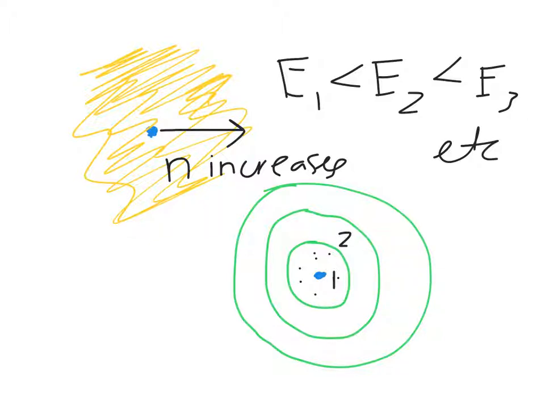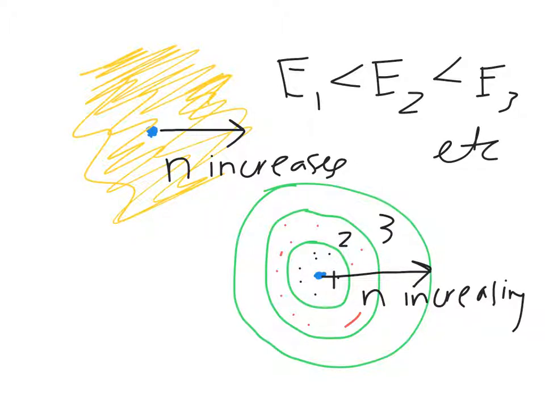This region would represent energy level 2, so any electrons in this area would be energy level 2, and energy level 3, and so on and so forth. Because in this representation, we still have N increasing, so the energy level is increasing as those electrons get farther from the nucleus.